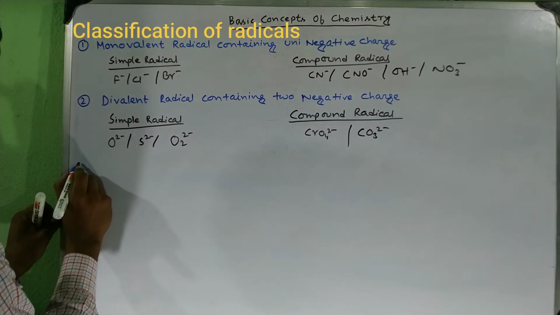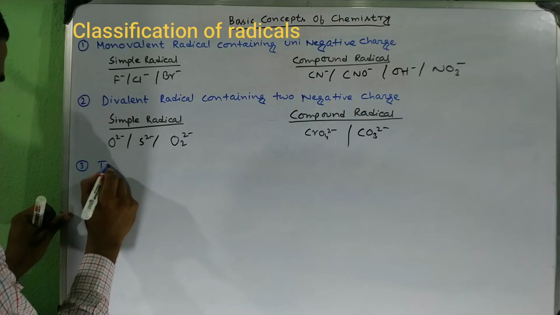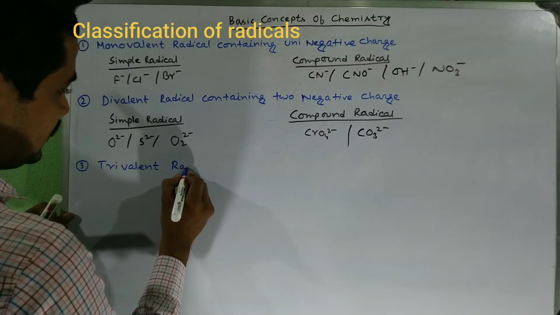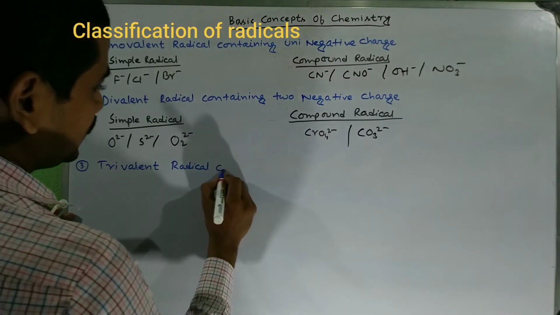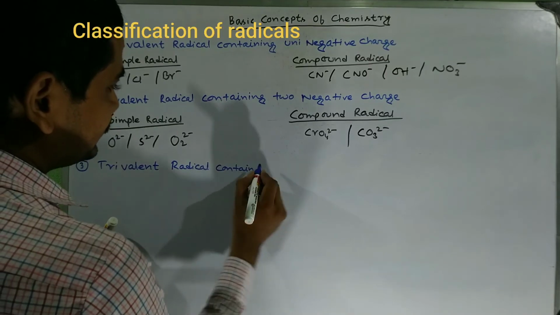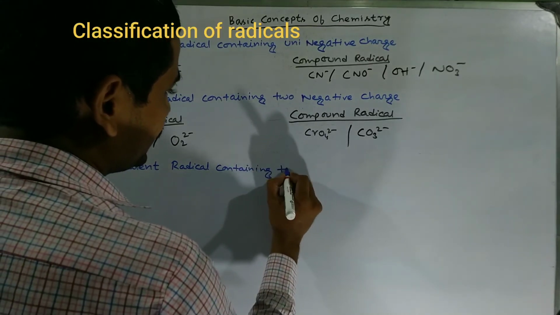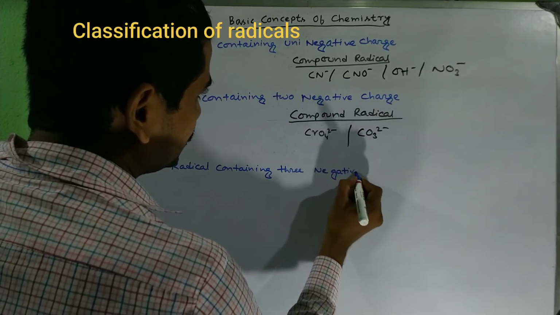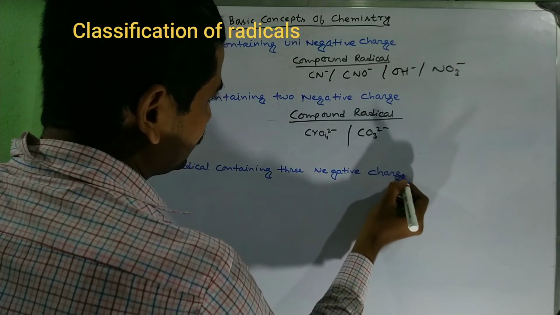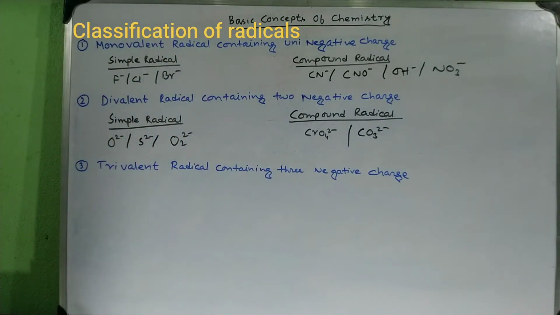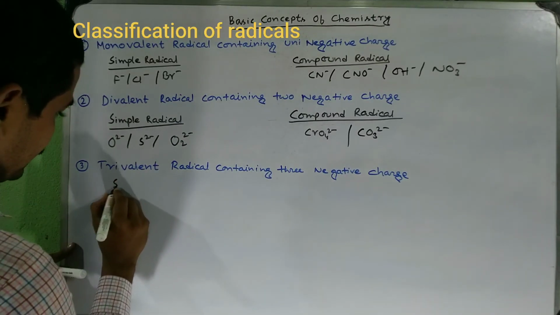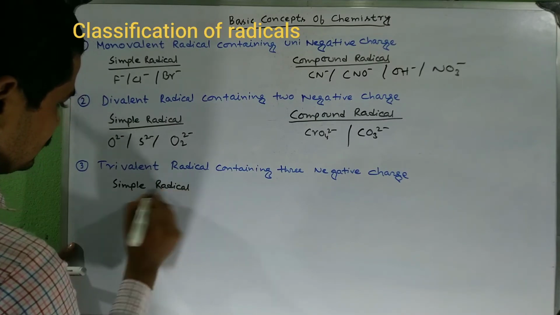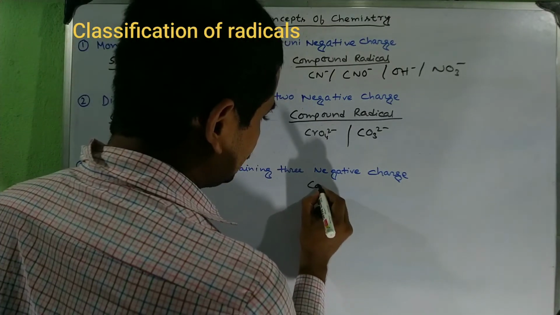Now the trivalent radical, containing 3 unit negative charges. Here also we classify into two classes: one is simple, another is compound.